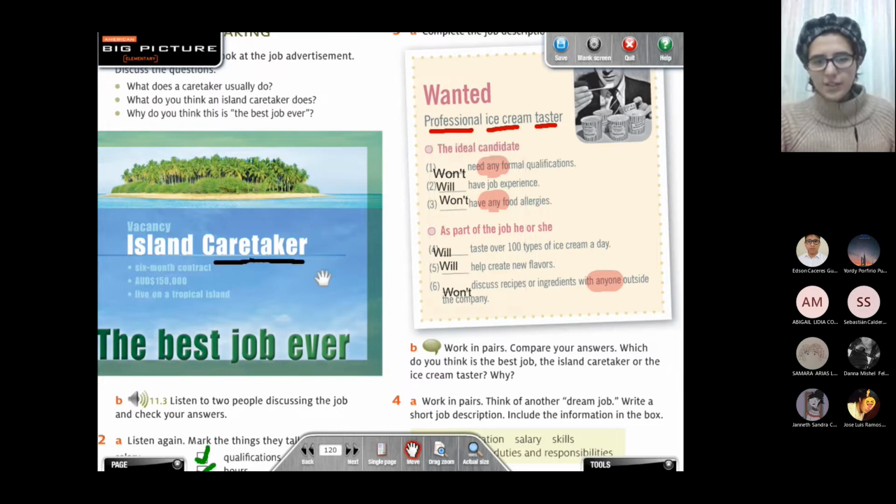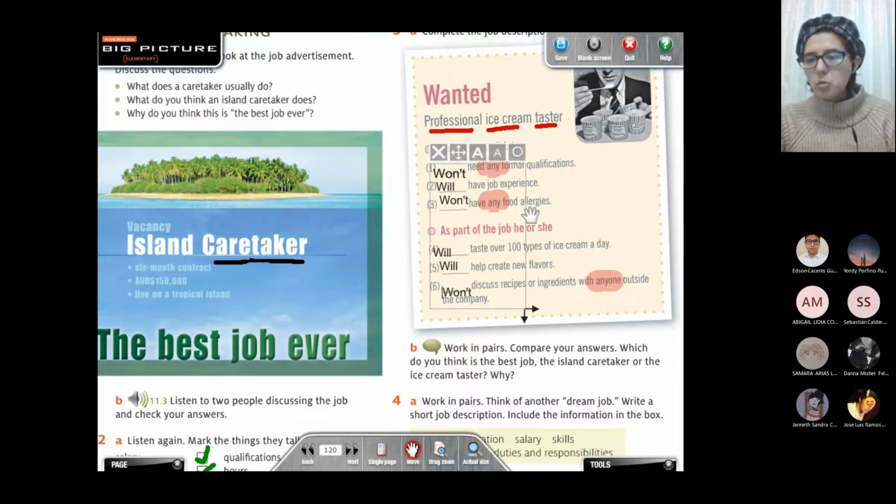Okay, that's nice. Yeah, it's true. Those are the disadvantages if you are going to choose this one, right? Island caretaker. You're going to be alone, well, alone with nature, right? But yeah, it's an island, so you have to take care of animals, wild animals, I don't know, things, right?